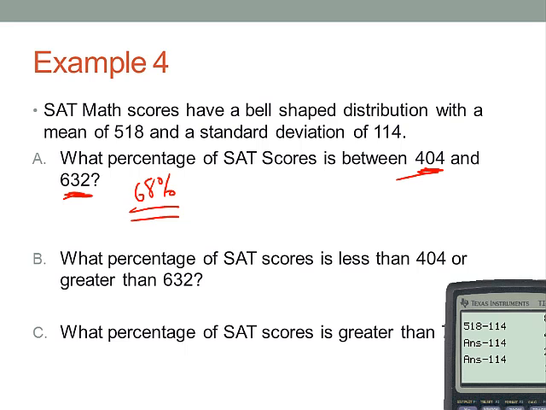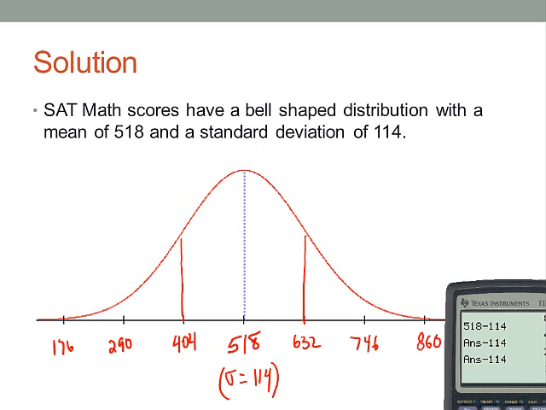What percentage of SAT scores is less than 404 or greater than 632? So here we're looking for less than 404, so we're looking from 404 and all this area right here, or greater than 632. Normally we would shade all that. You would draw separate curves. There's a couple of different ways we can do that. We already know this right here is 68%, right?